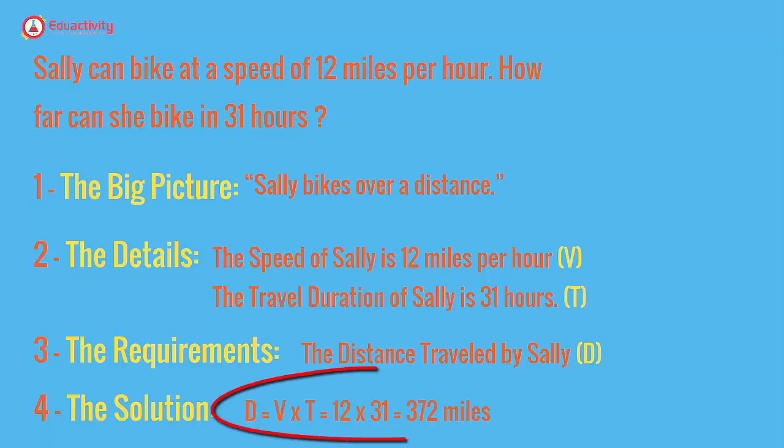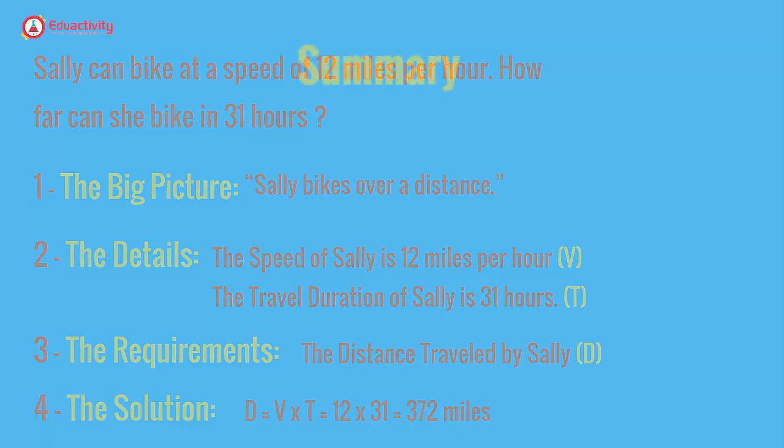According to this formula, the distance is equal to the speed times the travel duration. Therefore, the proper equation here is d equals v times t. We have one unknown in this problem, so we can substitute the values of the speed and the travel duration to obtain the value of the distance, 372 miles. And that covers the whole process end to end.